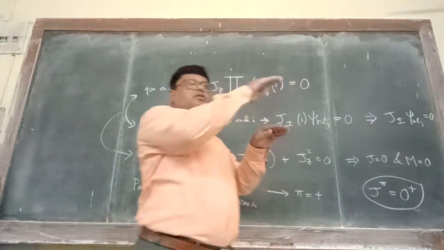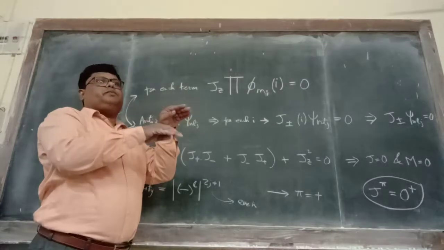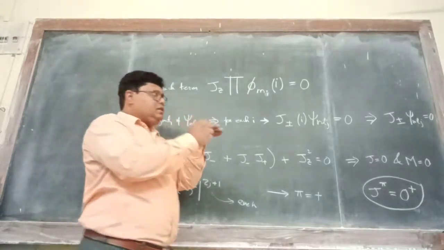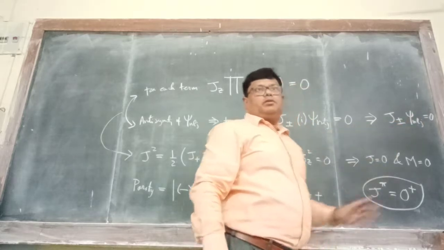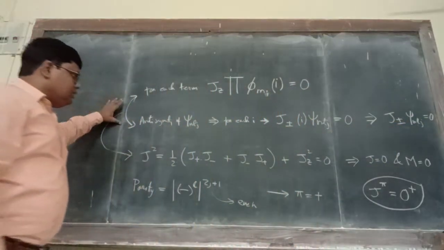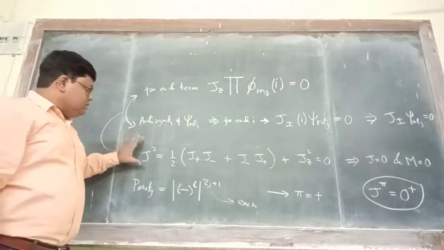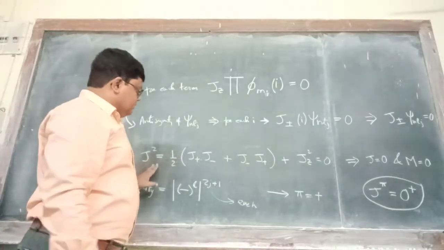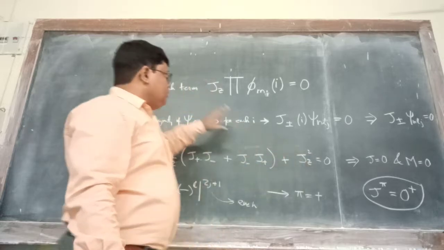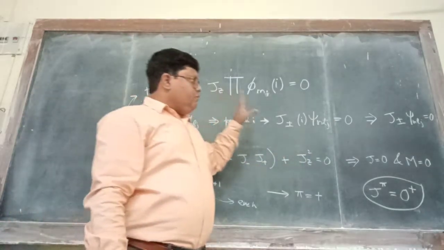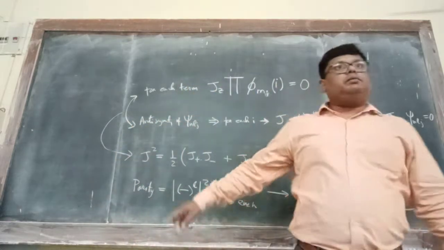This means that you cannot jump it to an above state or below state for each of them, and this will mean that overall J plus-minus acting on psi NLJ will be equal to 0. Now if we use both these conditions together, then we know the expression for the J square operator written in terms of J plus-minus plus Jz square. So if we use this information in the wave function, we will get J equal to 0 and M equal to 0.